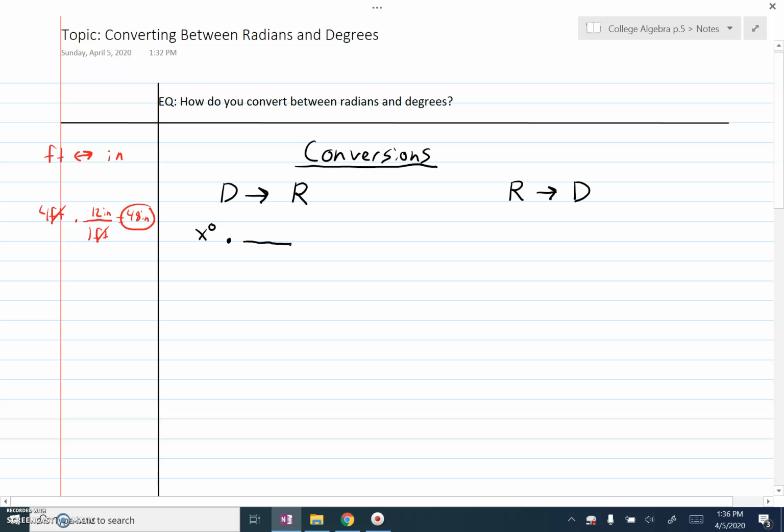And I'm trying to go to radians, which means radians has to be on top. The easiest one to do is we know that 180 degrees is the same thing as pi radians. When you multiply, the degrees on top cancel with the degrees on the bottom, and your answer will be in terms of radians. I'll box that here, this is the formula you're going to use.